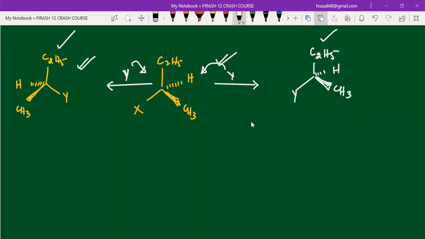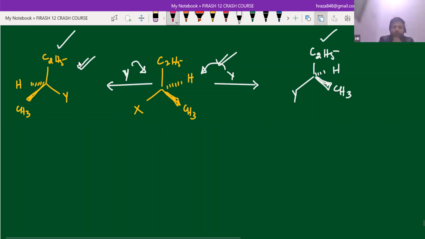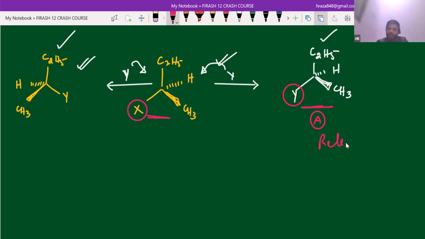Yes. Now, as you can see, this is the configuration of this, and this is the same. The X present wherever is now Y is present. So this is your A, which is basically a retention. That means it retains its spatial arrangement.